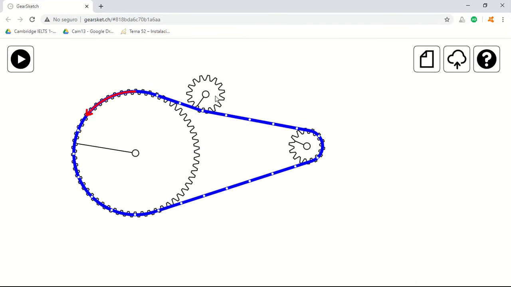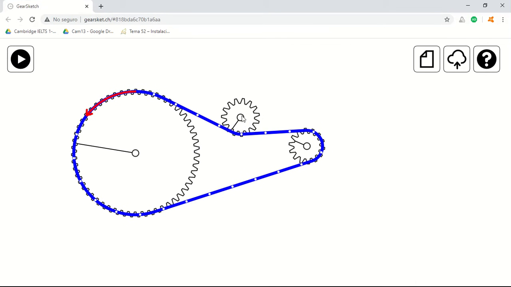Here you have something more or less like the example that we have. It doesn't matter that this one is with gears and the other is with pulleys.